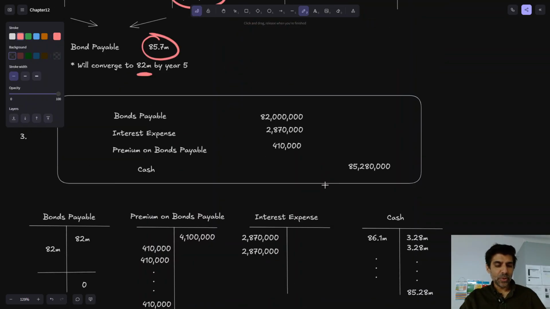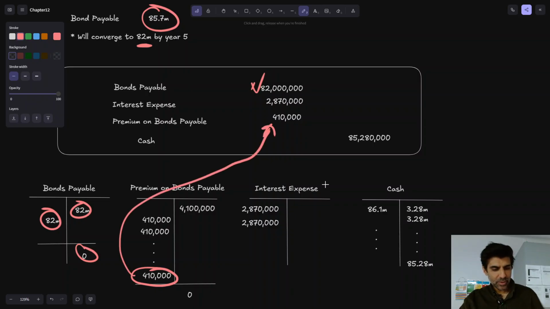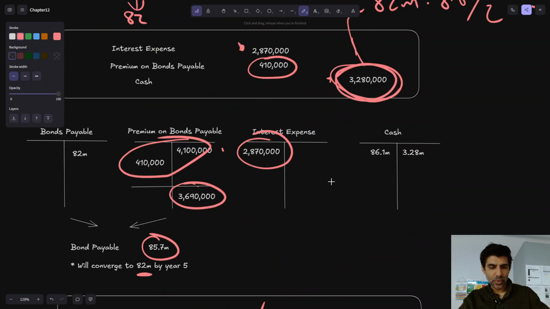Okay, and then finally, when we pay the bond off, this is going to go to 0. So this is check. This last one is going here. The cash is going to be, again, for the last coupon, which was, what was it, 3.28 million.